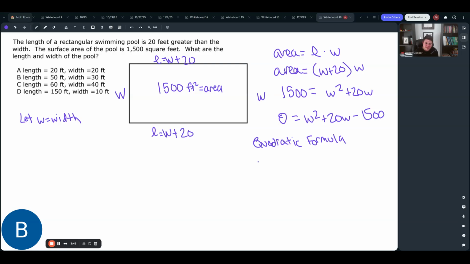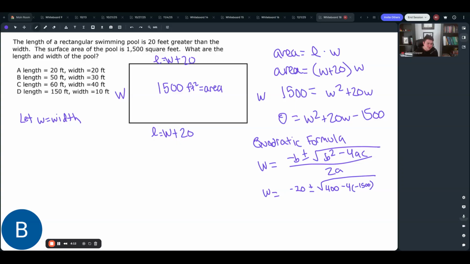So this is going to be W equals negative B plus or minus the square root of B squared minus 4AC, over 2A. So our B here is 20. So this is going to be negative 20 plus or minus the square root of 20 squared, that's 400, minus 4 times A, which is 1, times C, which is negative 1,500, over 2A.